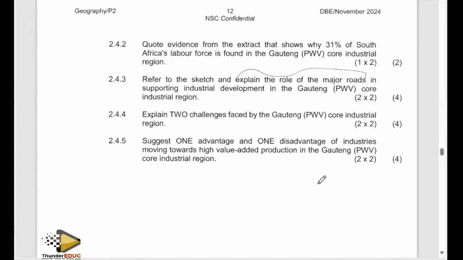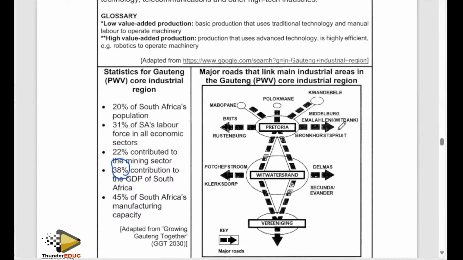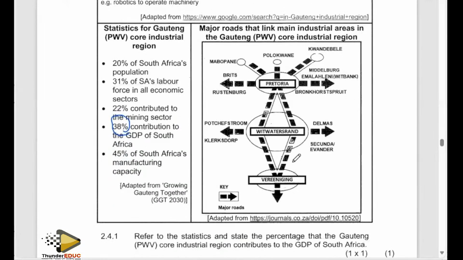Right. Refer to the sketch and explain the role of the major roads in supporting industrial development in Gauteng PWV. We have these major roads here, as indicated. So we want to justify how these roads are supporting the development of industries in this particular industrial region.